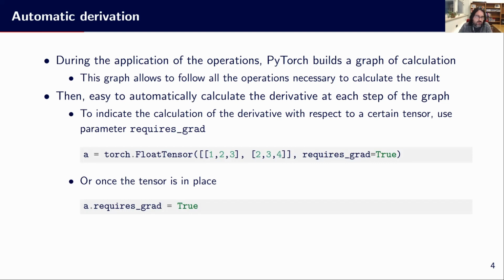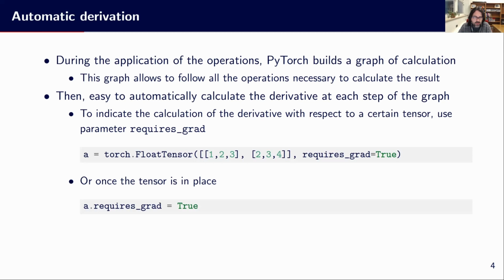So the point is to get, for each operation, the function that allows us to get the derivative, applicable in relation with the other operations. All this is managed quite automatically, quite well within PyTorch.